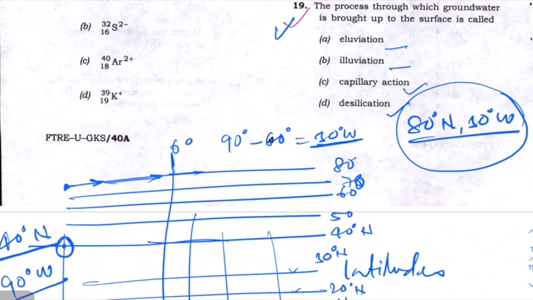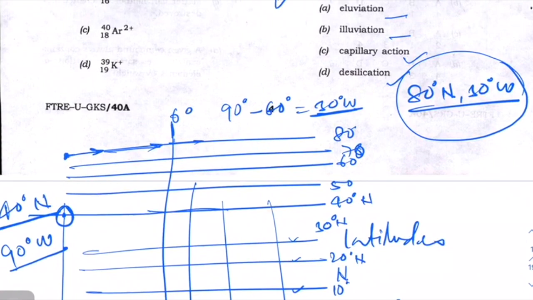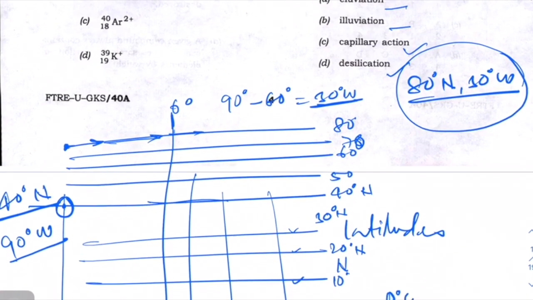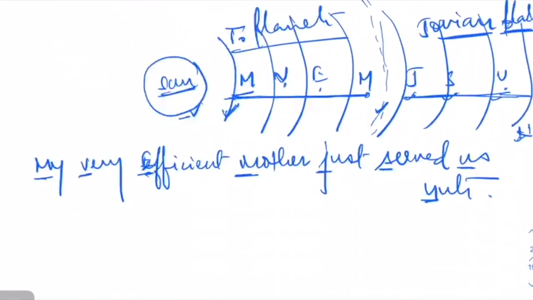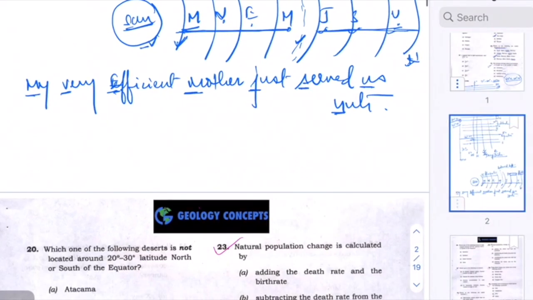So let's see all of them one by one. The options are alluviation, capillary action and desilication. So first is alluviation.